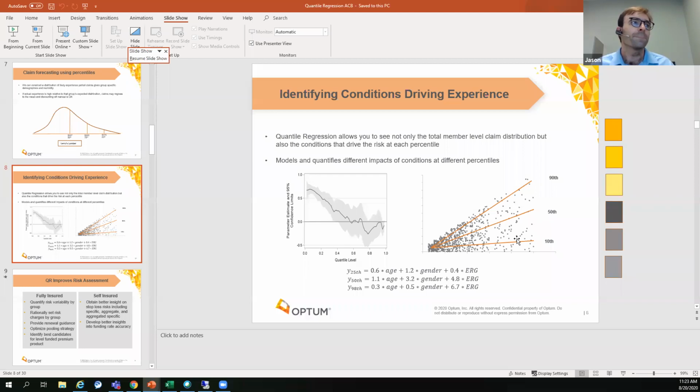So you might ask yourself, well, that's very interesting. What's been going on here all this time? How come we've been using regular least squares regression and the expected values, and not looking at these conditional percentiles? And the answer is computing power.